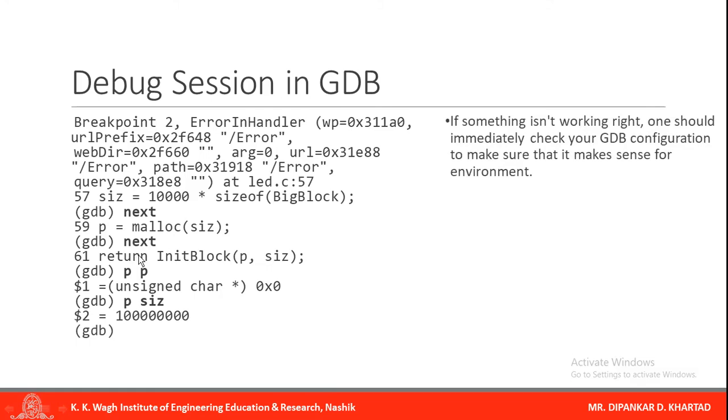If something is not working in the debug session, one should immediately check the GDB configuration to make sure that it makes sense for the environment. Otherwise the embedded target will not be accessed at all, and one cannot use the native GDB to debug the target code, obviously, because you have to use cross GDB, because your target code is accessed by your host.